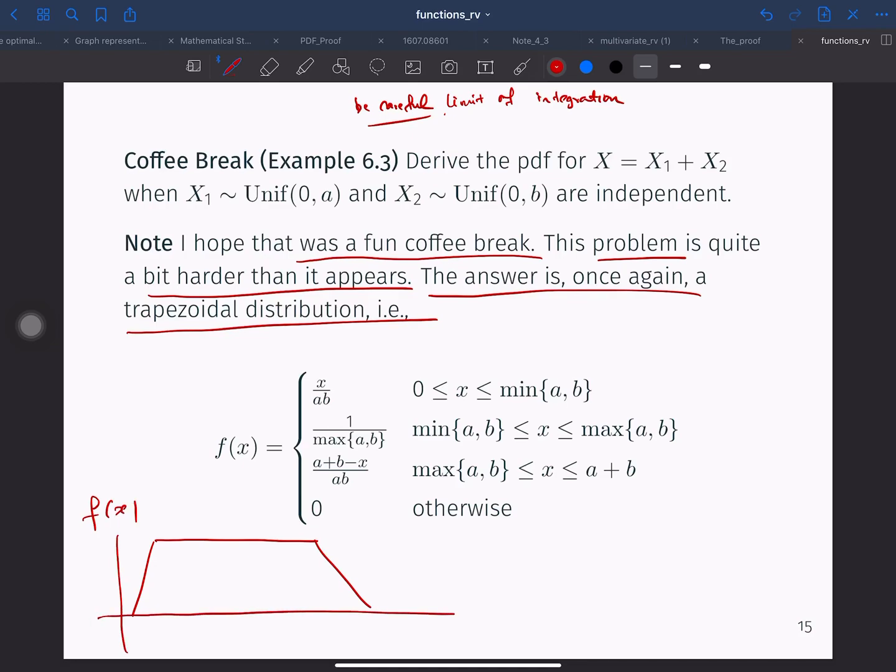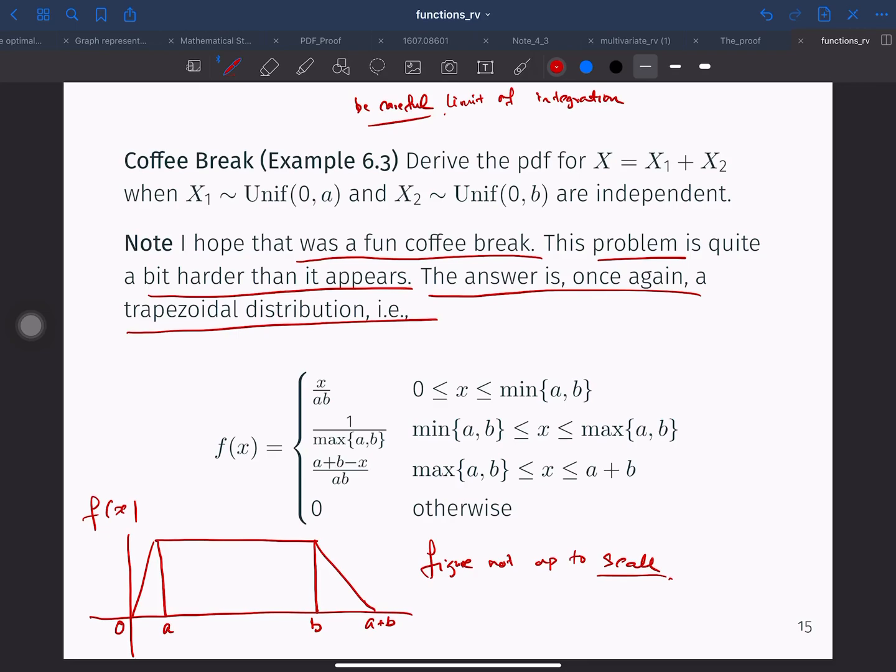It starts at, say, 0, increases up to a, goes from a to b, and this becomes a plus b. Of course, figure not up to scale. But the idea is that the PDF looks like a trapezoidal distribution.